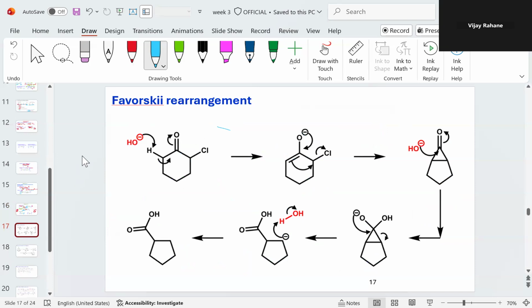Okay, so this is one name reaction, which is the Favorskii rearrangement reaction.